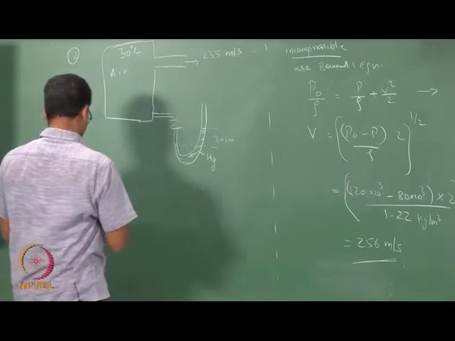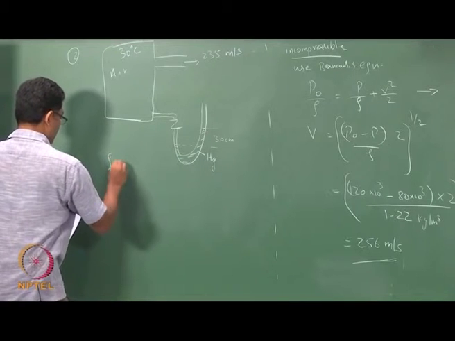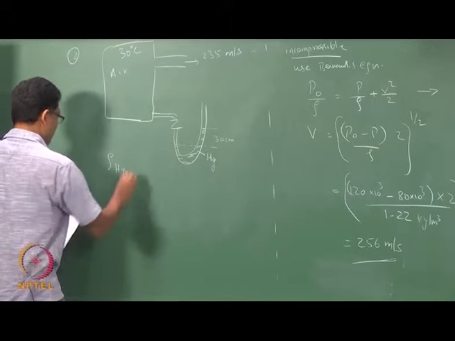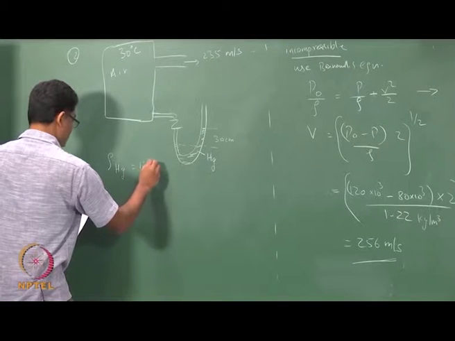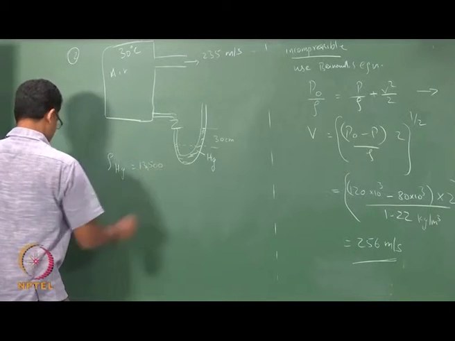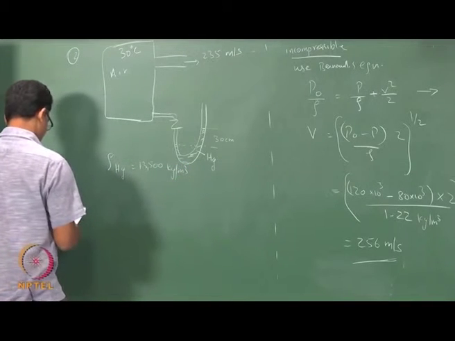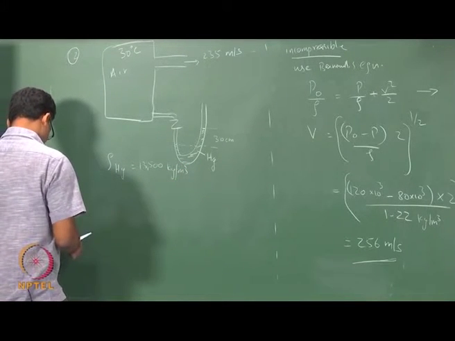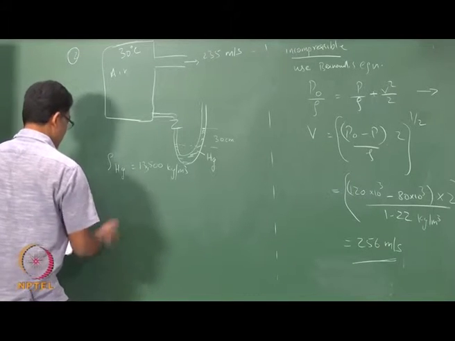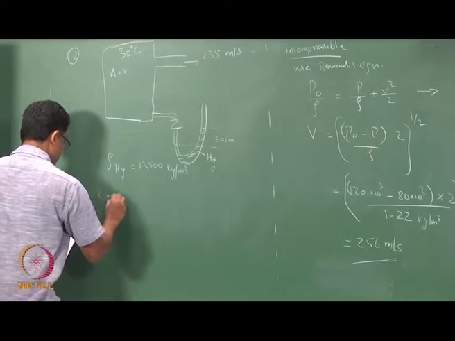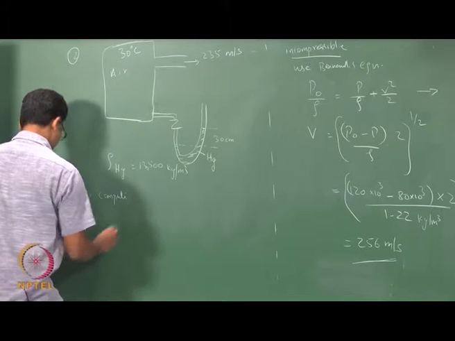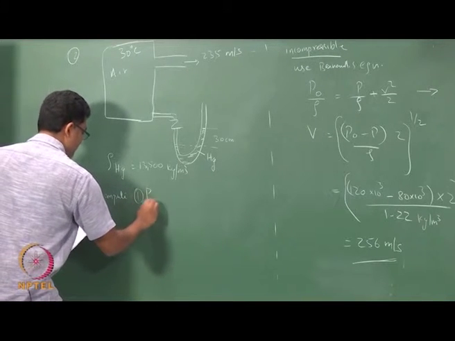So, you will want the density of mercury to be this. If that is the case, find P of the tank.